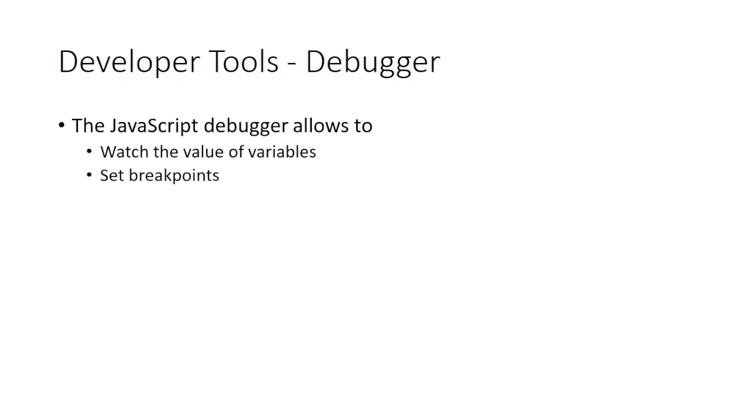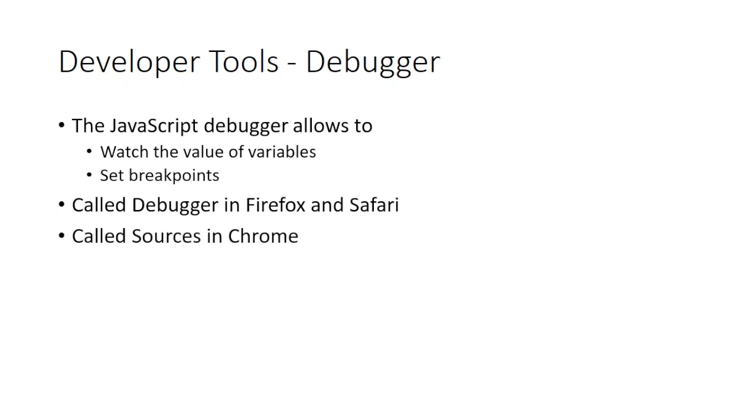But as pen testers, it lets us dig deep into the JavaScript code. You have to know that the name for it is different from browser to browser. In Firefox and Safari, it's called debugger, but in Chrome, it's called sources. So let's see how it works.